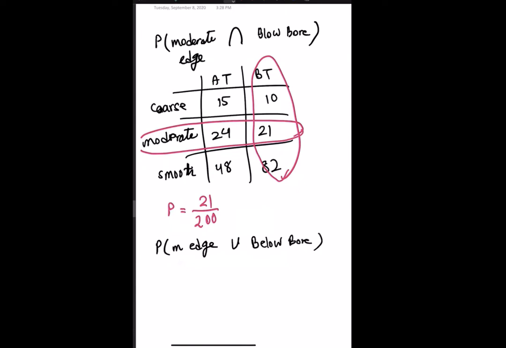How do you write this? First of all, what is this probability? It is the addition probability. How do you write it? We just talked about it.